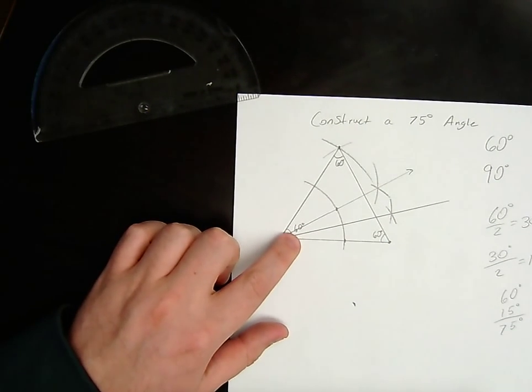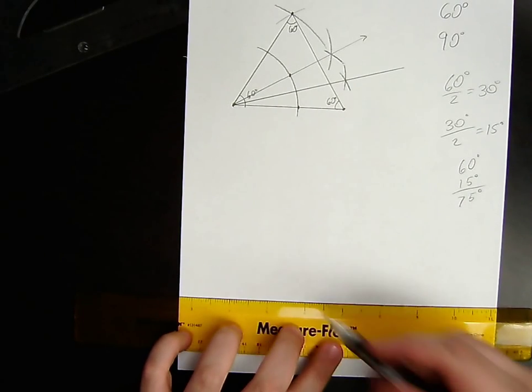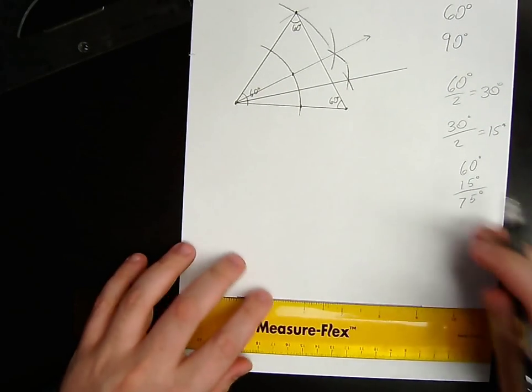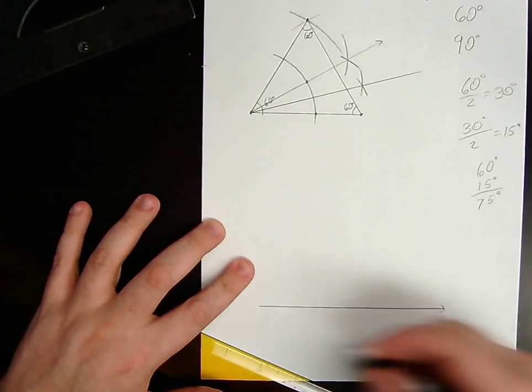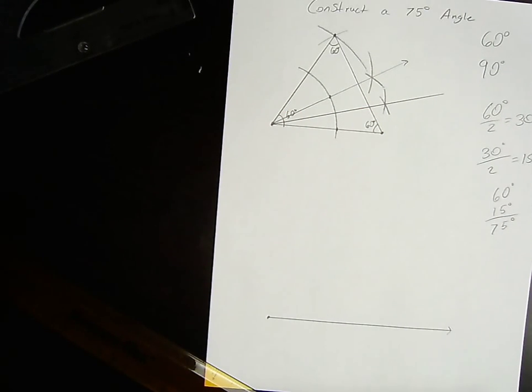All right, so I have my 15 degrees and I have a 60 degrees. So let's go ahead and copy those down here at the bottom. Let's make a nice, clean final presentation. So I'll start with a ray, and I'm going to do a copying angle with one of the 60-degree angles.